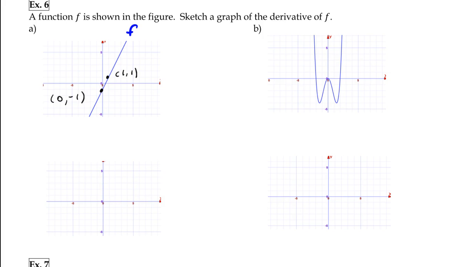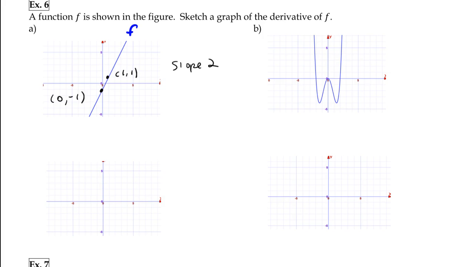Remember when we go to graph the derivative, the outputs are all the derivative values, and the inputs will be the x values. But look what we have, a line has a constant rate of change. Can't we just think about rise over run? You go up 2 and over 1 between those 2 points. So this has a slope always of 2. Well, the derivative is just the slope.